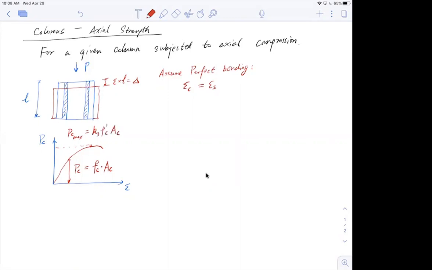Now this looks a little bit similar to flexure, right? In the flexure, we have K3, the factor, equal to 0.85. AC there is the compressive zone area, but in this case, AC is just the area of concrete in the column. So that is the force response of the column from the concrete part.